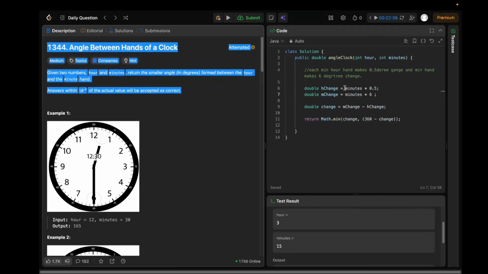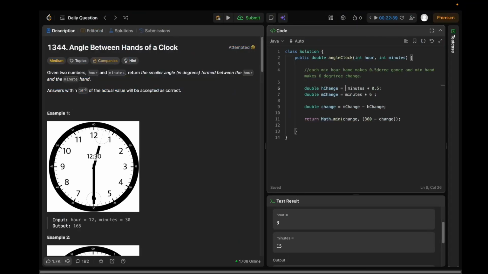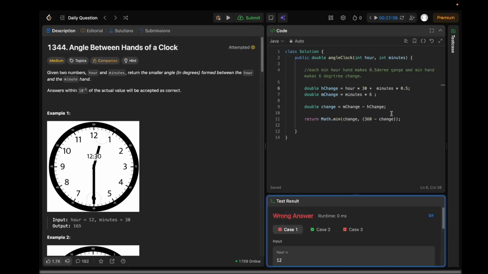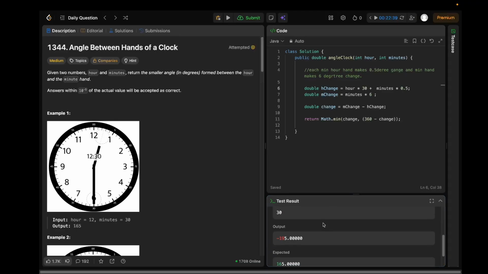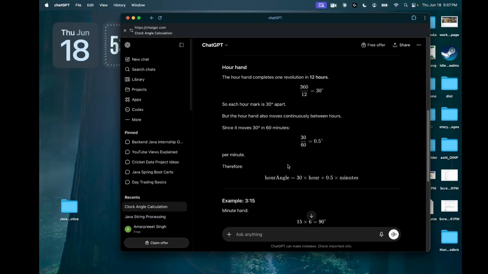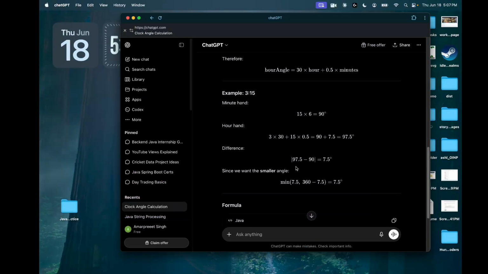So it should still be the hour times 30 plus the minutes over 2, right? Isn't that correct?